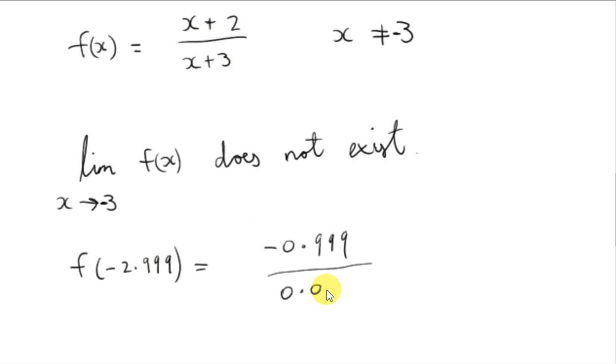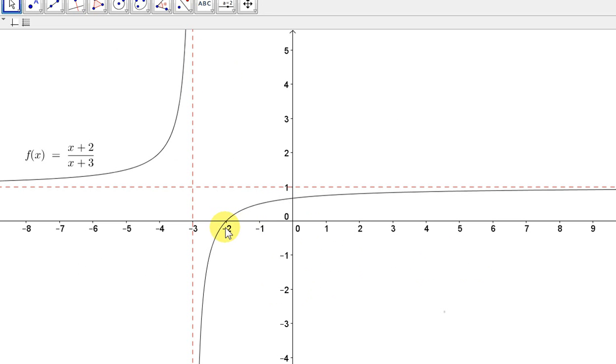That's 0.001. So we have minus 0.999 divided by 0.001. That's minus 0.999 multiplied by 1000. That's going to be minus 999. So we get a large negative value for a value of x that's greater than minus 3.